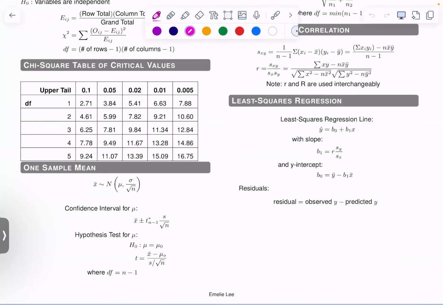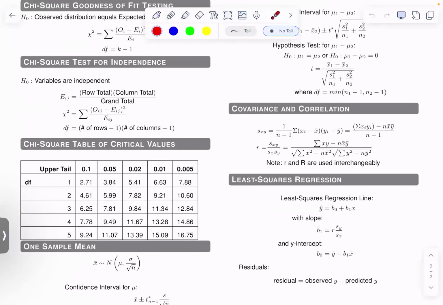I'll never have a handle on all this stuff. Today we're going to talk about the covariance and correlation, but the only one that you're going to need really is this little guy. Everything else is just there for show or completeness.